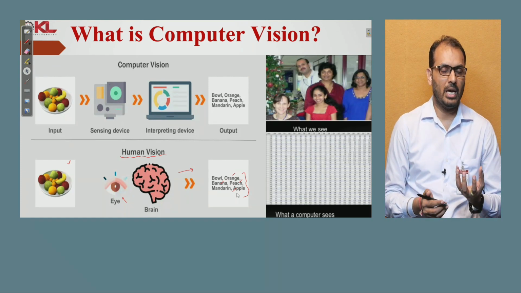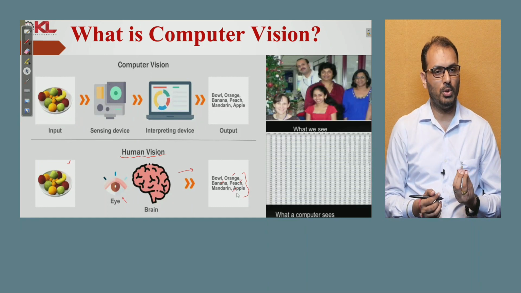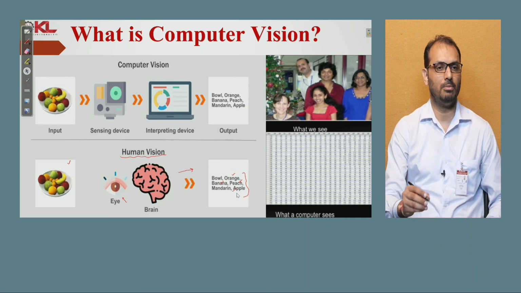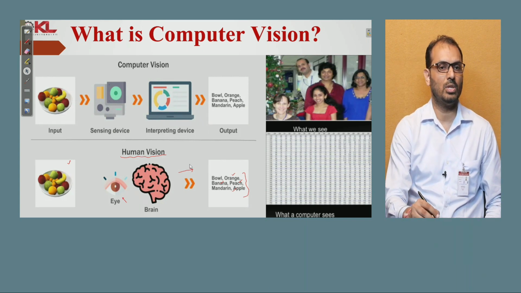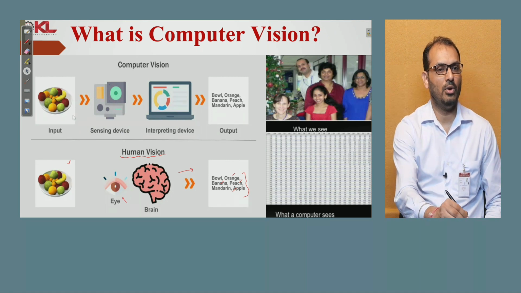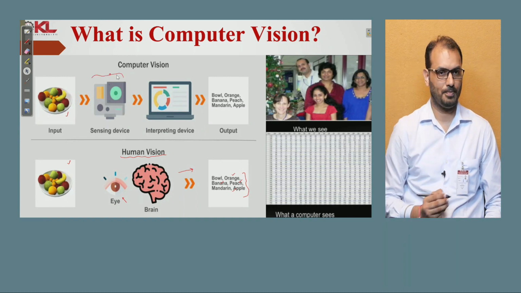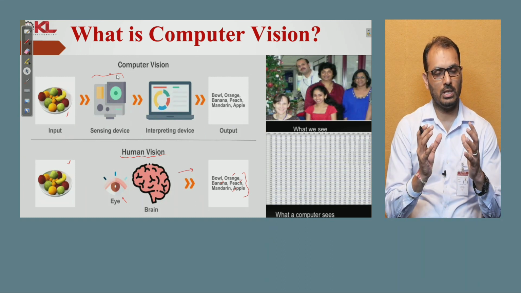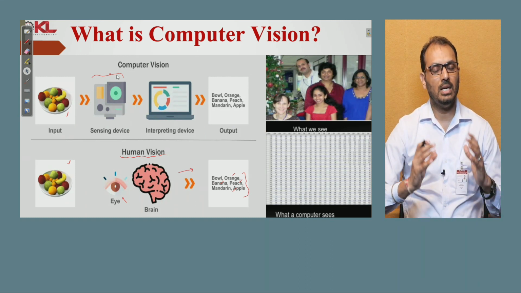But at the same time, when you talk about computer vision, how does the computer read it, how does the computer see it? I consider the same image so that we can understand more. This is the same bowl. Instead of the human eye, we consider digital cameras, whatever you use in a smartphone, a laptop, or digital cameras.